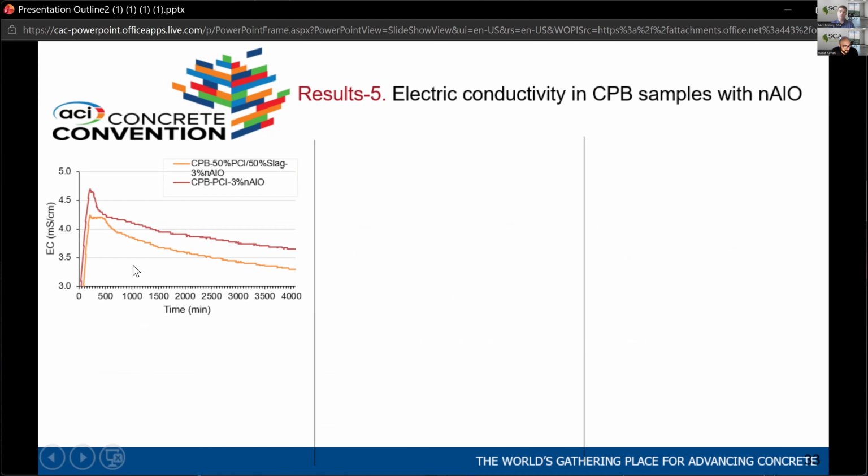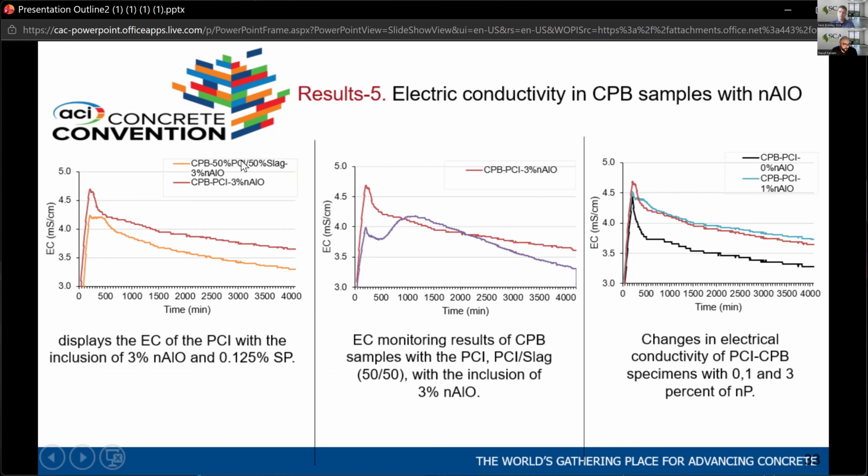And then this graph is comparing 50% nanoparticle. These graphs are basically same results, but for aluminum oxide, you see the same thing happens with aluminum oxide when you add slag. The hydration is less. The legend here is not complete.